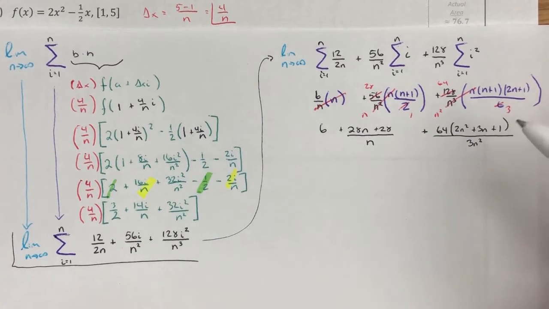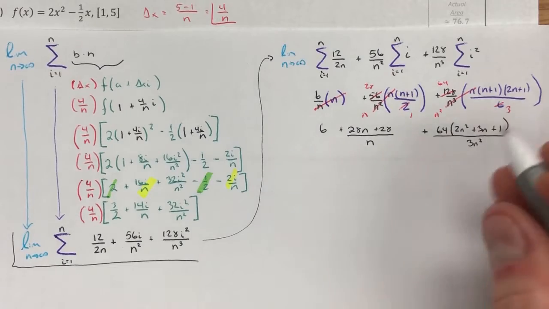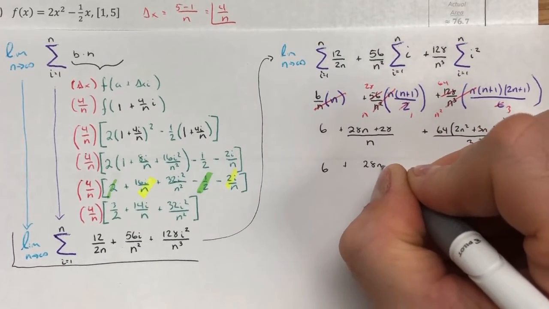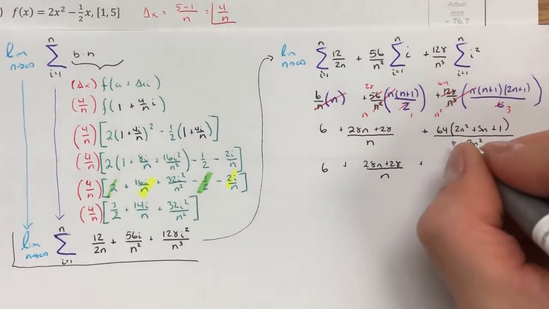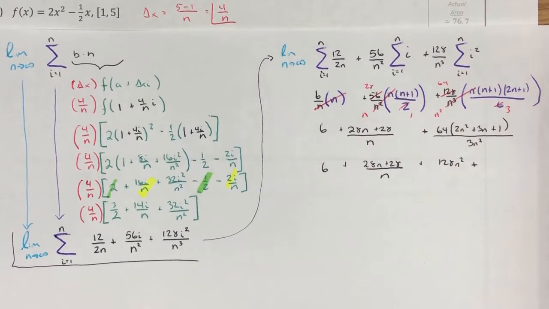We could use the horizontal asymptote, but we're going to work it all the way through. Okay. So the first thing is I'm going to distribute the 64 into there. So 6 plus 28n plus 28. That's going to be 128n squared.